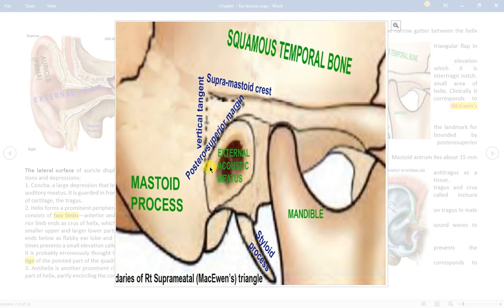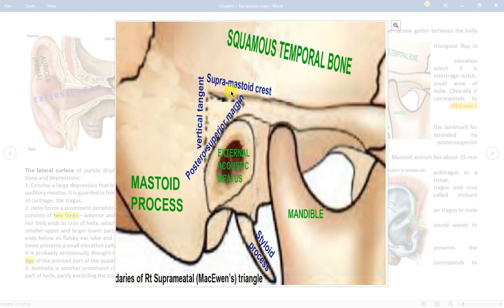So to learn the boundaries, you should remember two things. This one is supramastoid crest, and this one is posterior superior margin of external acoustic meatus. Now, if you combine these two, a vertical tangent will intersect the supramastoid crest.